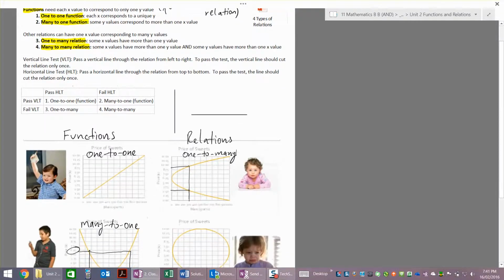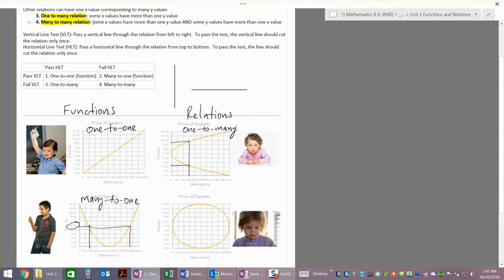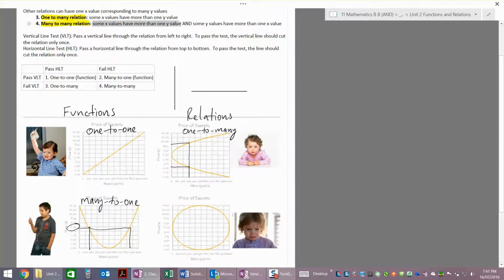And this final one, some x values have more than one y value and some y values have more than one x value. Let's have a look. This x value has two y values and this y value has two x values. So this is many-to-many.